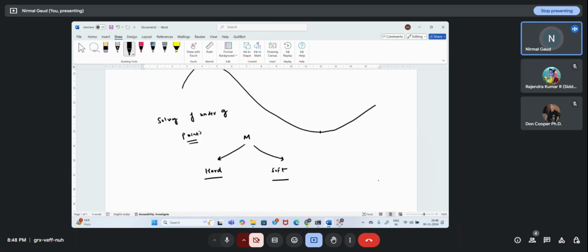Hard margin is a margin which can clearly separate class A from class B. We have minimum errors here, or minimum misclassification. Soft margin is a margin where we are affording the errors.